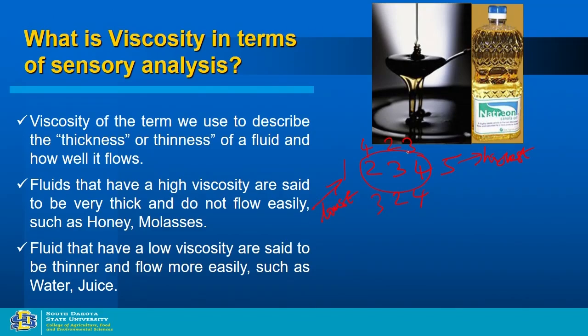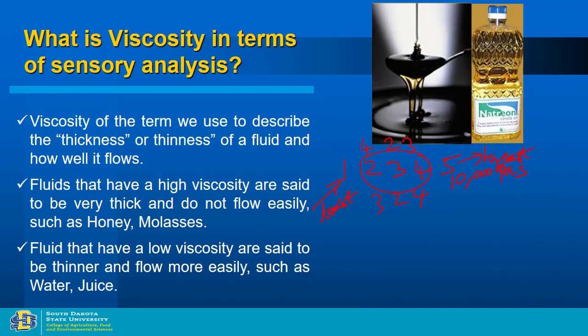In any order it can sit, right? Because if 5 is the highest viscosity, let's say the viscosity value is 10,000 Pascal times second, which is very high viscosity, right?